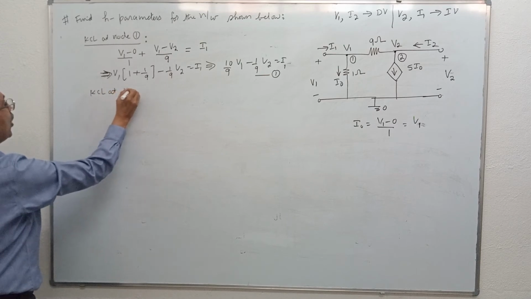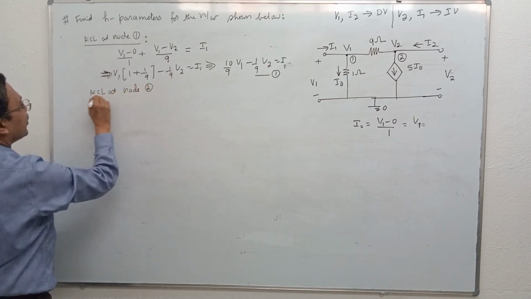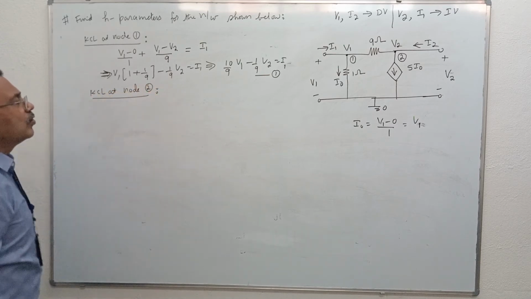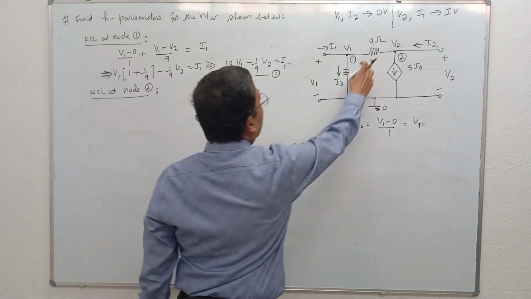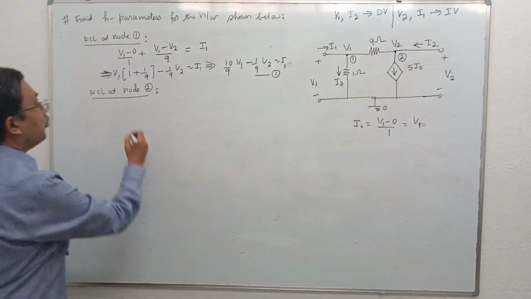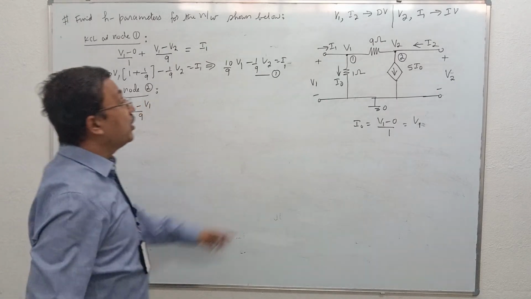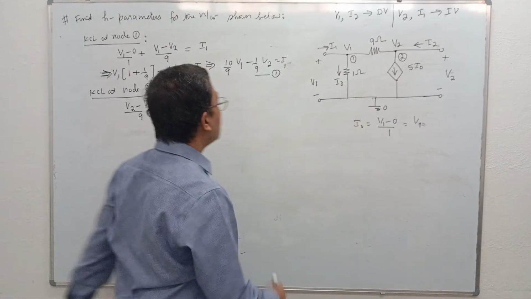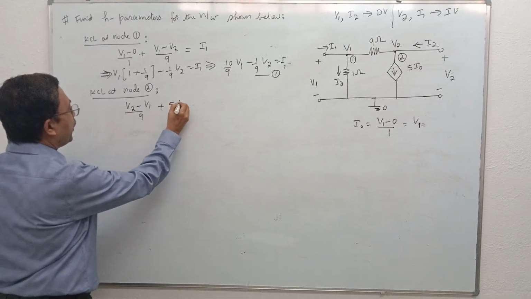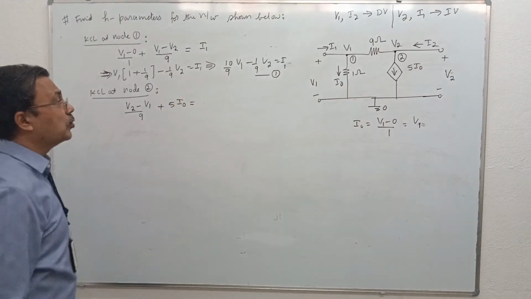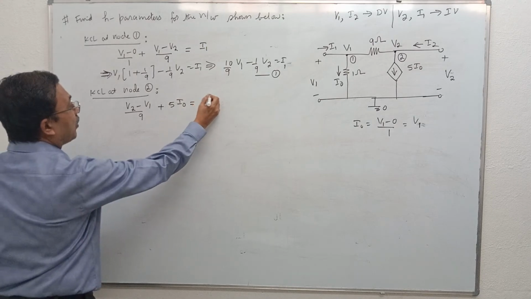Kirchhoff's current law at node number 2. Current in 9 ohms is what? V2 minus V1 divided by 9. This current is leaving node number 2, plus 5I0 is also leaving node number 2, equal to current entering, which is I2.